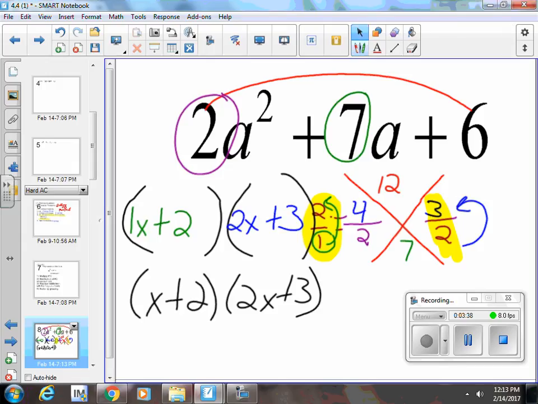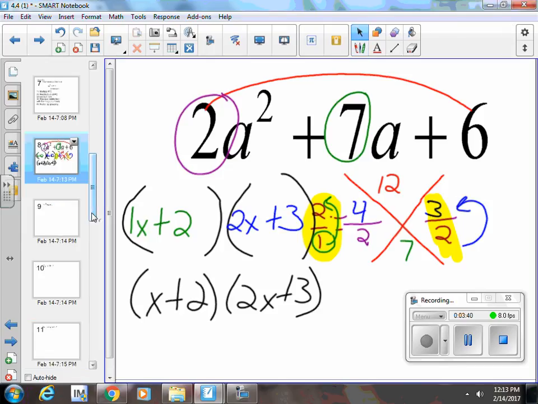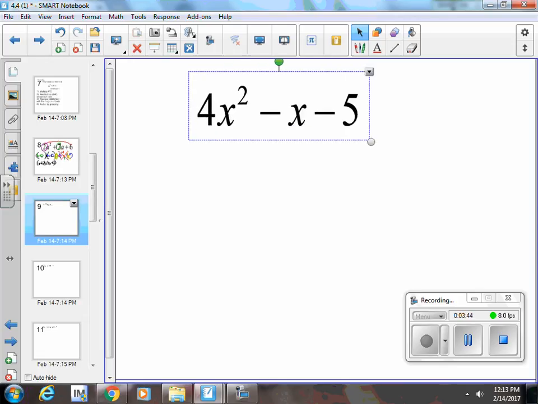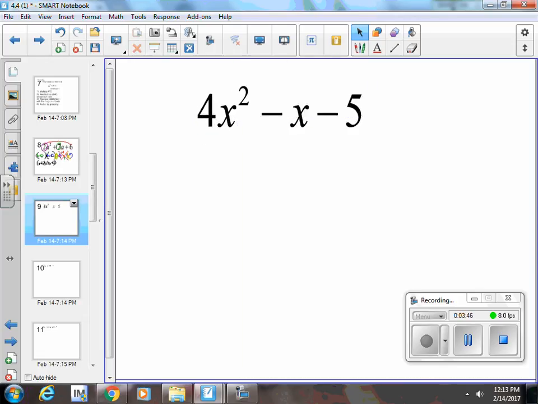Let's do a couple more problems. All right, so remember, always GCF first. This has no GCF. It has 3 terms, and the leading coefficient is not 1. So I'm going to multiply A times C. 4 times negative 5 is negative 20.